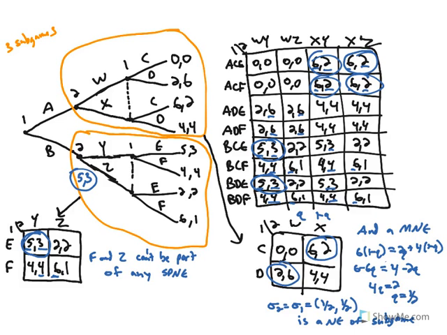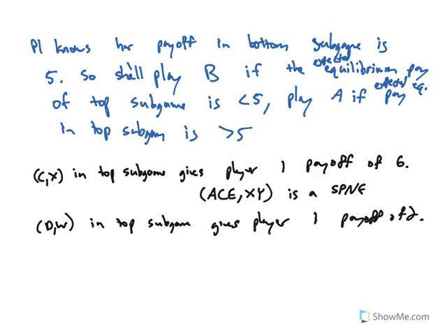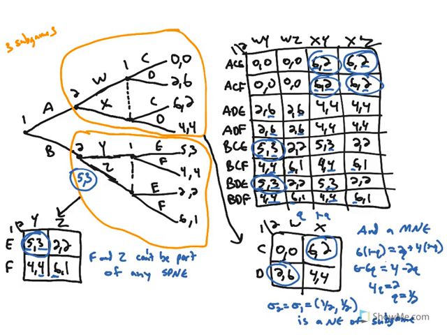Okay? Now, what about the other pure strategy equilibrium at the top? The payoffs are 2, 6, right? So the DW equilibrium. DW in the top subgame gives player one a payoff of 2. And so if D and W are played in the top, the bottom one we know is still going to be played in the unique equilibrium.